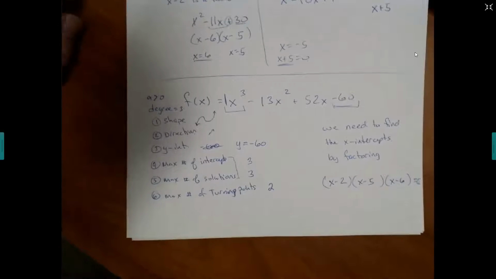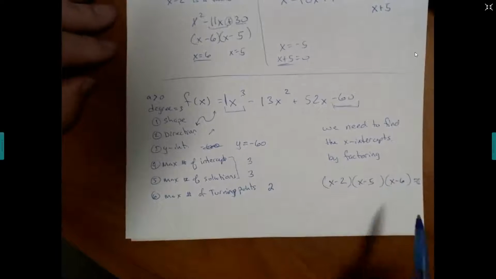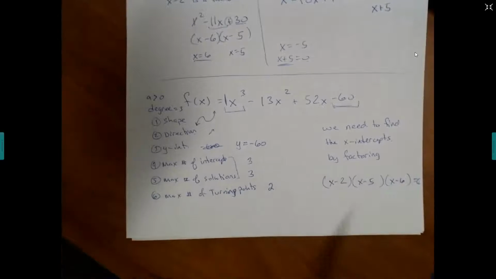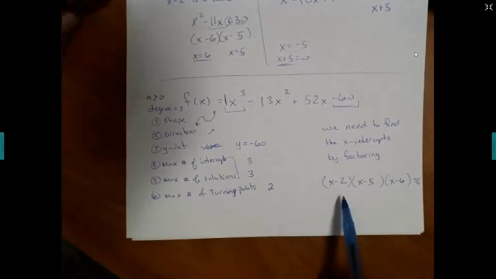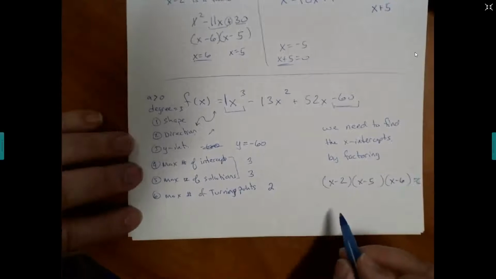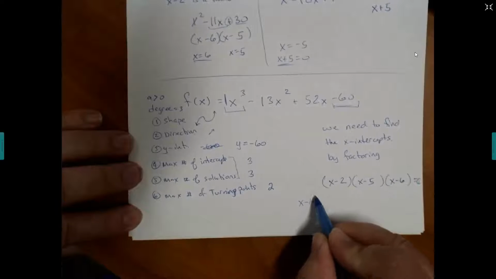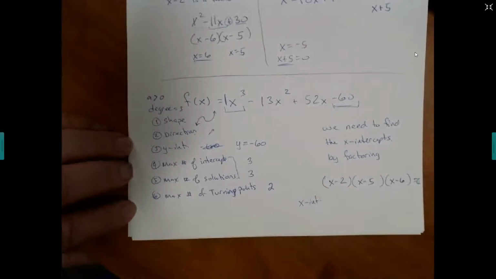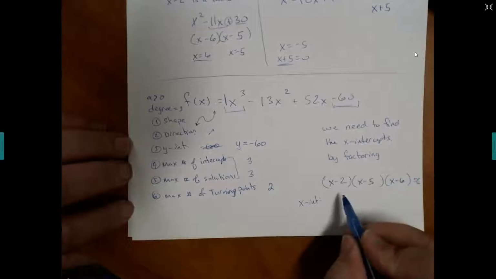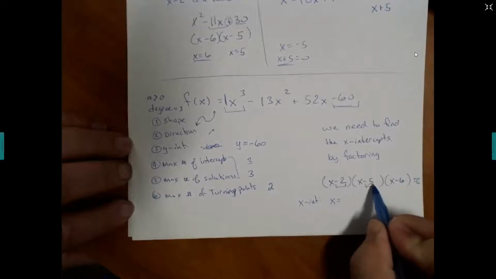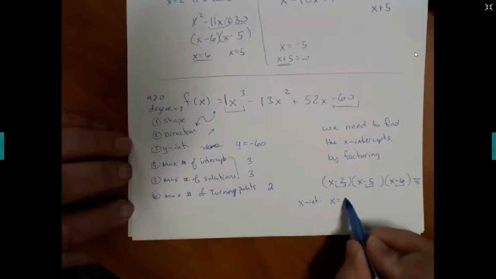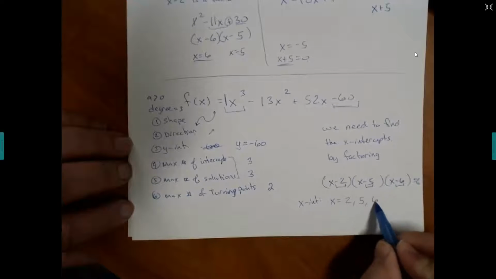Set it equal to 0. I'm using this one as a stepping stone because we know what the answer is supposed to be already. So what are my x-intercepts? It's the opposite of what's inside there: 2, 5, and 6.